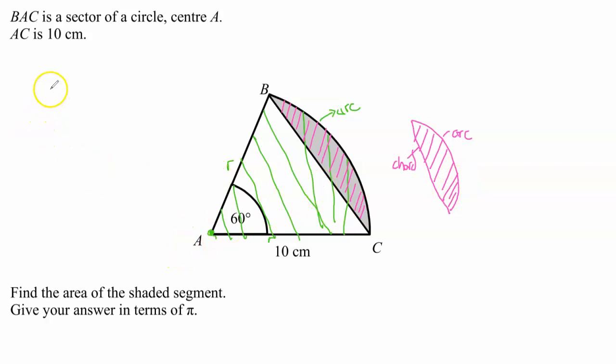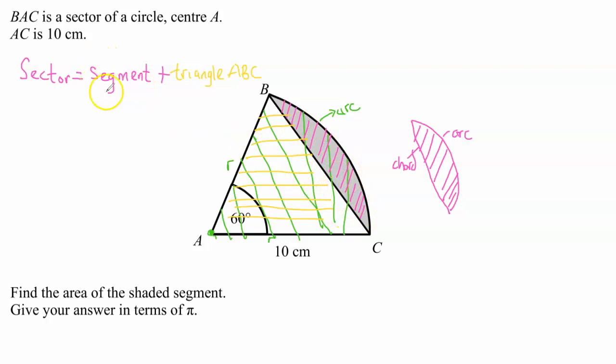So the entire shape, which is a sector, incorporates two shapes. One is the segment, this shaded segment right here, and the other is the triangle ABC. So our interest is to obtain the area of the shaded segment.